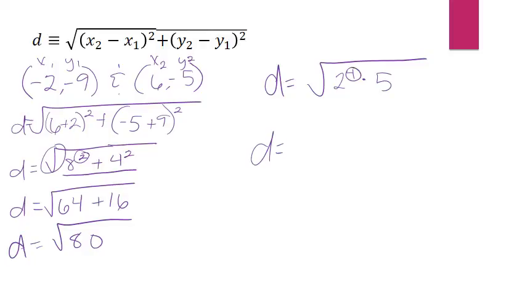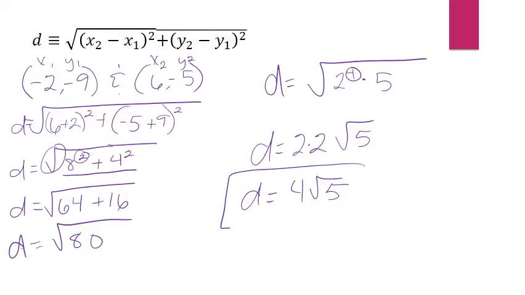That means 2 2's can come out. So our distance is 4 times the square root of 5. And that is our final answer right here. Because we're talking about distance, we do not do the plus or minus sign because we know that distance cannot be a negative number.